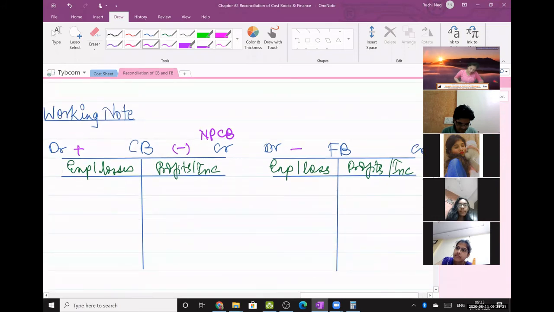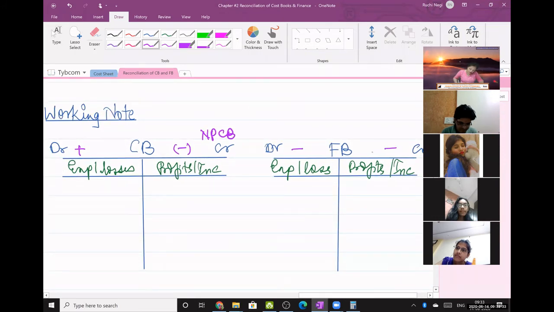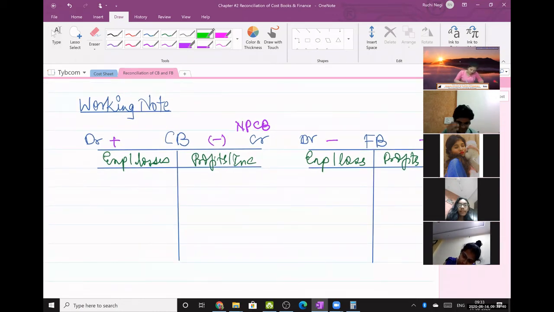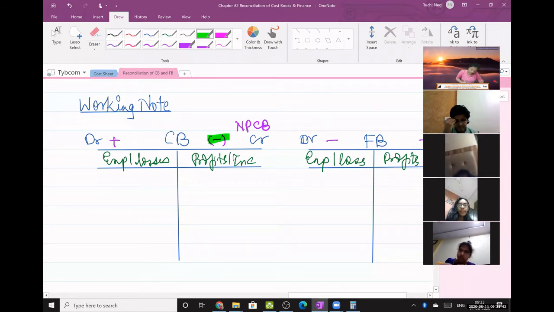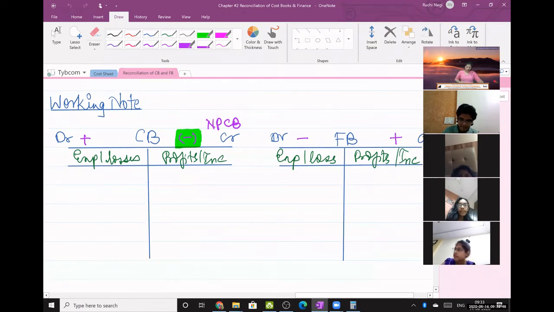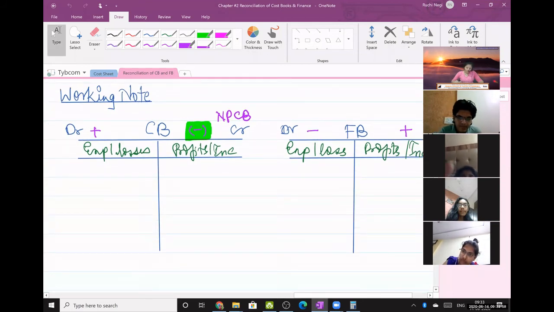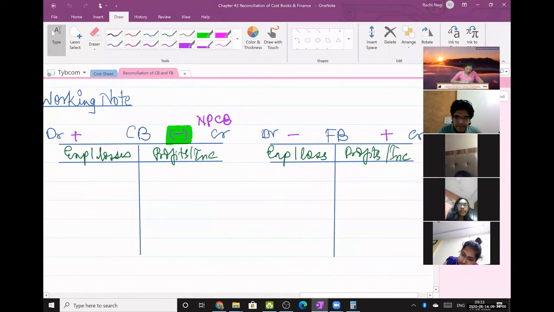So if it was plus in debit, it becomes minus here, and if it was minus in credit, it becomes plus here. Don't forget this. It starts from here, so highlight it. Net profit as per cost books: start your sign from there, minus, plus, and the opposite sign in the other book.